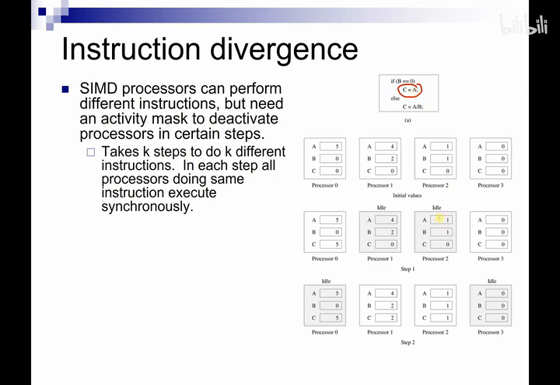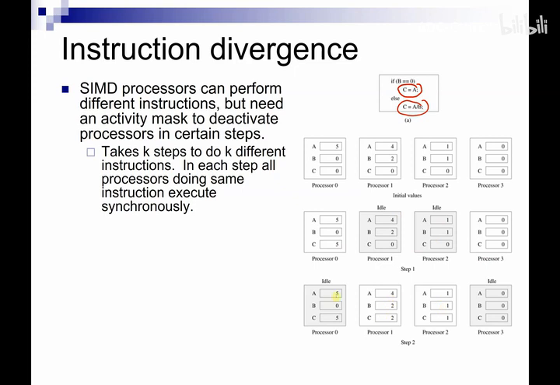Therefore, on the first time step, since we require all processors to do the same instruction, we just have to deactivate P1 and P2. They don't do anything in the first time step. In the second time step, we're going to do this c equals a divided by b operation, which will be done by P1 and P2.